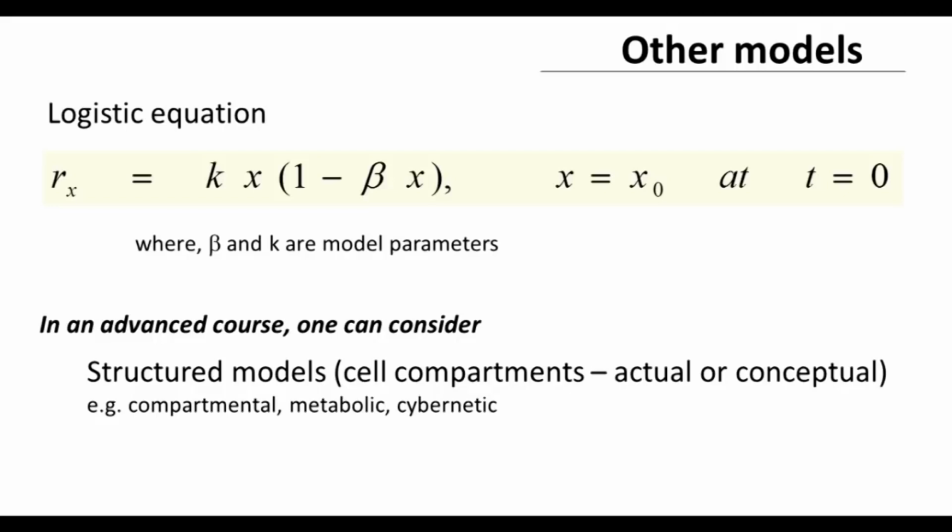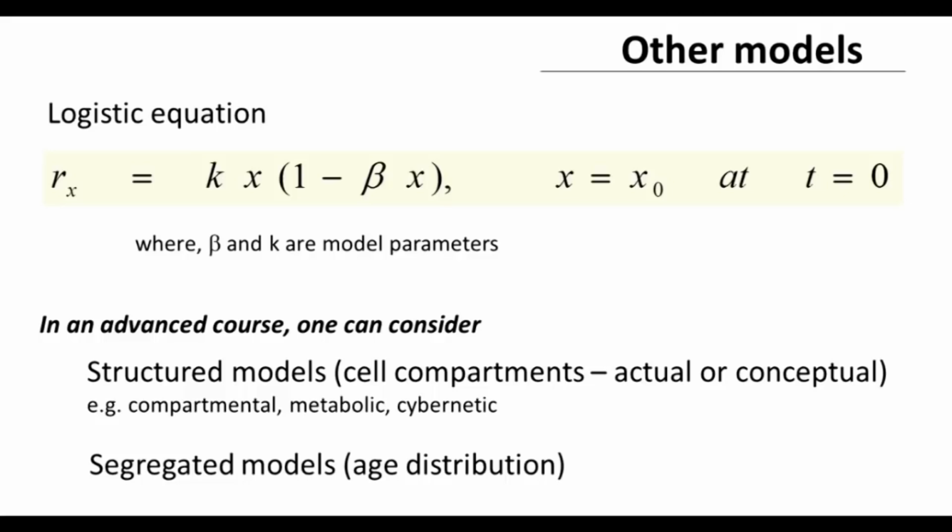Some examples of the compartmental or structured models are compartmental models, metabolic models, cybernetic models, and so forth. This being an introductory course, let's not get into the details, but you need to probably be exposed to them so that you'll be able to recognize them when you see them in the future.